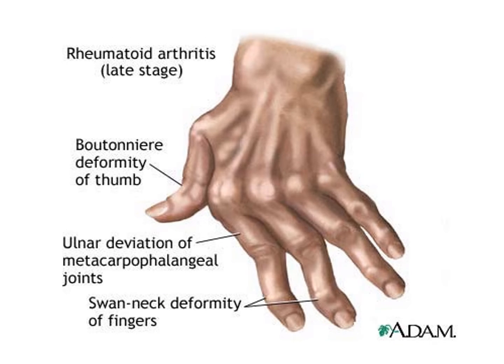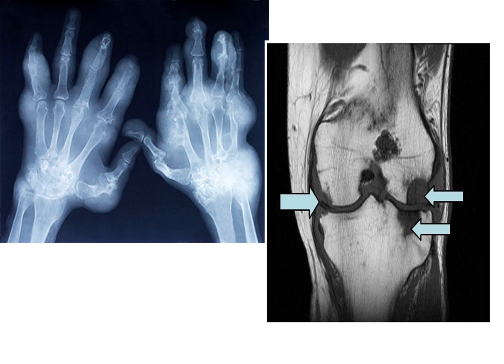This is late-stage rheumatoid arthritis. It can cause deformation. You can see how the hand is deformed. See the X-ray.